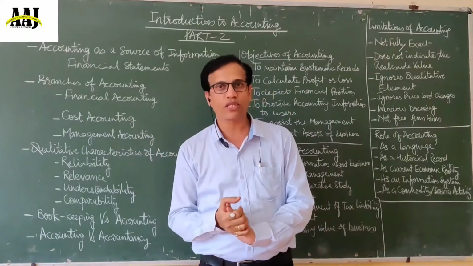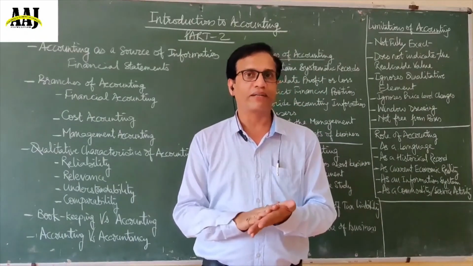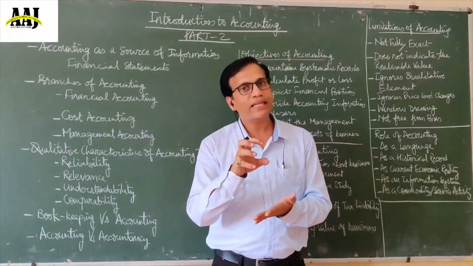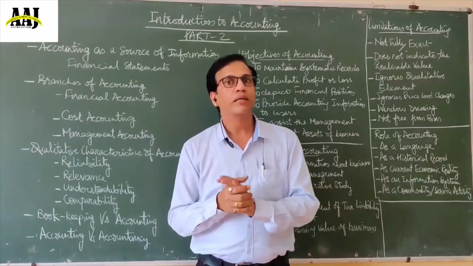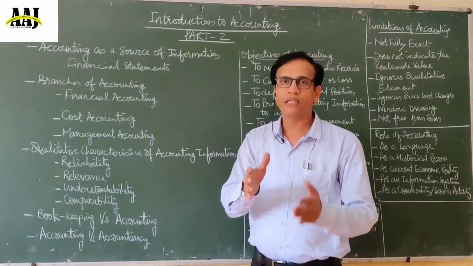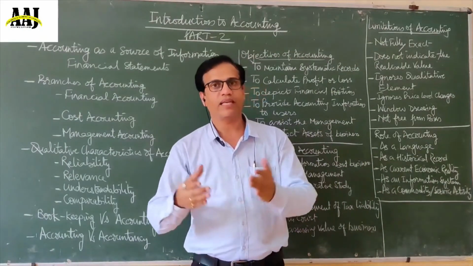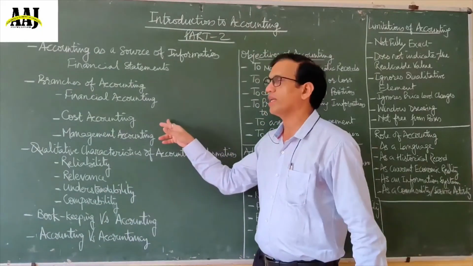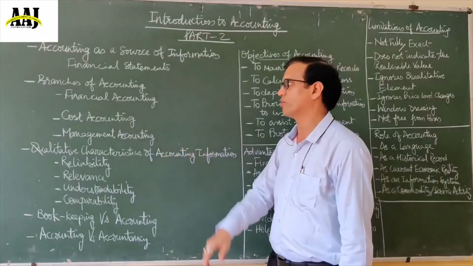There are three elements of cost of any product or service: the material, the labor involved in using that material for conversion into a finished product, and then some other expenses apart from the expenses incurred on material and labor payment. The three elements are totaled at one place, and then the cost of that product is determined. In that cost, the profit is added, and then it becomes the selling price. So this way, this accounting helps us mainly in determining the cost and the selling price of a product.